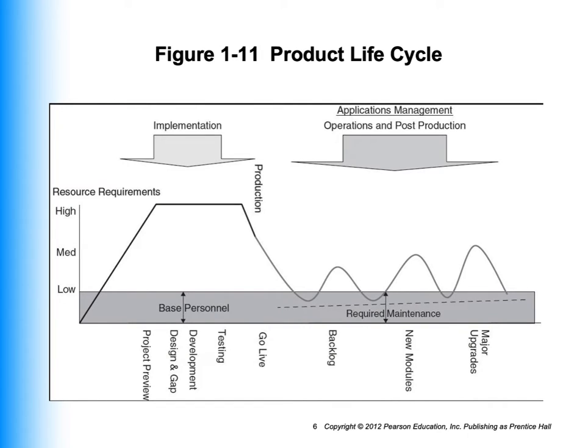Product life cycle. Here we have the view of a typical life cycle of a product, where you implement in the initial part, preview, design gap, development, testing, then you go live.